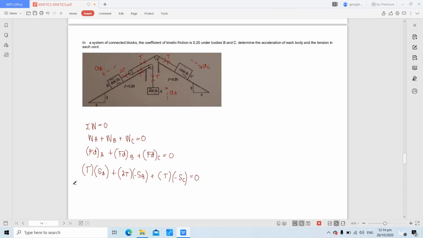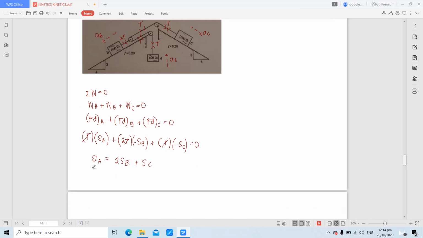Dividing all the terms by tension T, kakancel lang yan. And then kunin natin yung relationship ng displacement ni body A with respect kay body B and body C. So lipat lang natin to sa kabila, magiging positive sila. So that is twice SB plus SC. So that will be the relationship of their displacements.